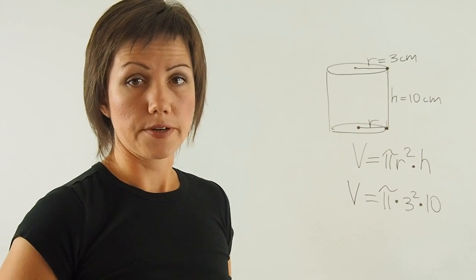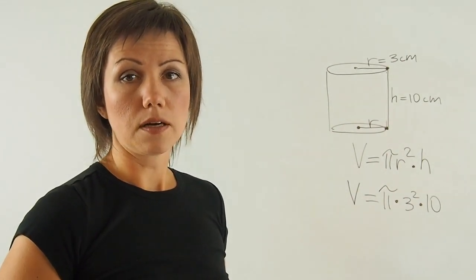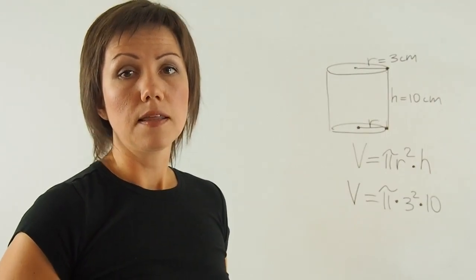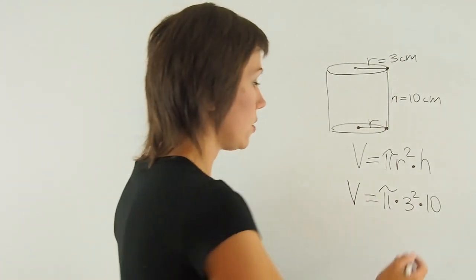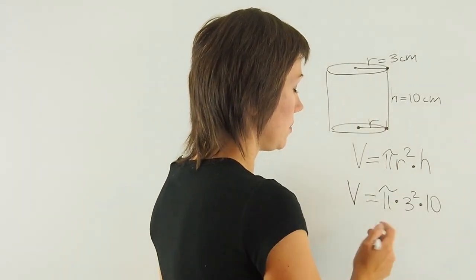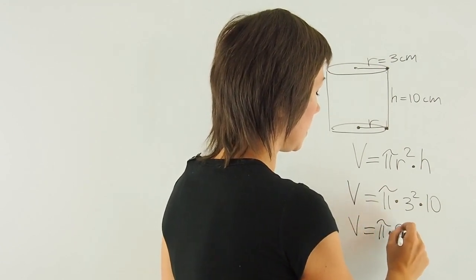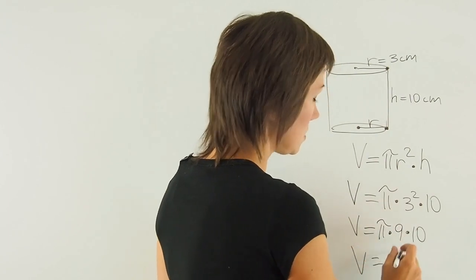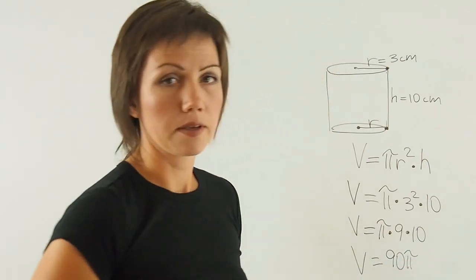BODMAS is very important when you're solving problems like that. Always start with brackets. If you don't have brackets, do exponents next, then multiplication, division, and then addition, subtraction. So we first raise 3 to the power of 2, times 9 times 10, and then volume equals 90 pi.